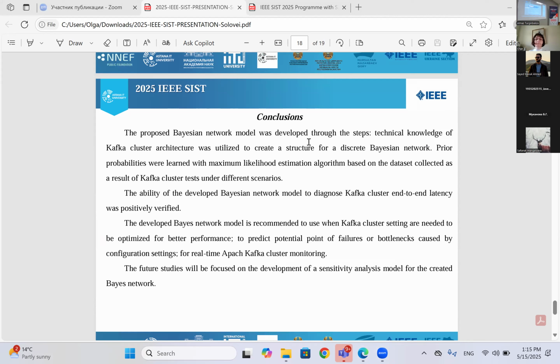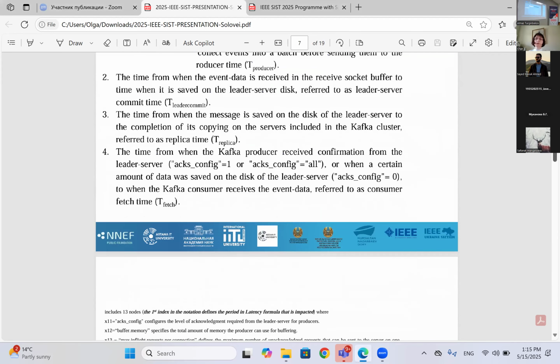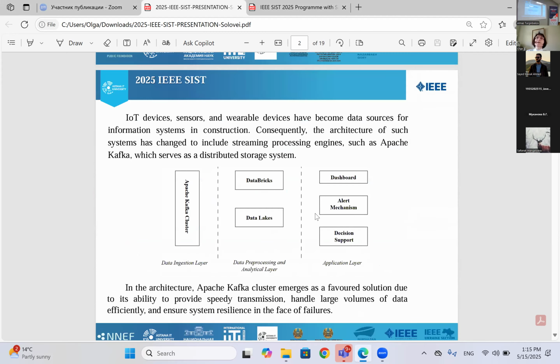Okay, hello. Thank you for your presentation. My question is, why did you decide to use Apache Kafka? For example, not RabbitMQ or any other message brokers? This is because, as I mentioned, Apache Kafka is very efficient, and based on our document analysis and research analysis, it outperforms other similar engines for gathering streaming data.